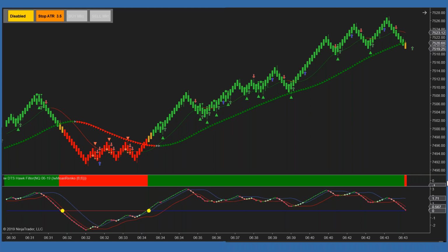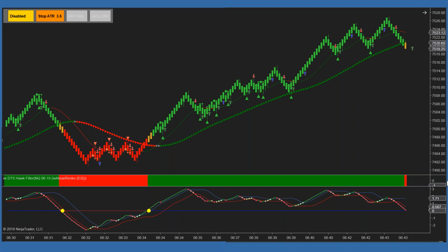And bear with me a second. I'll see if I can get you the cheat sheet. So with the hawk and all the tools for that matter, we have what we refer to as a cheat sheet.